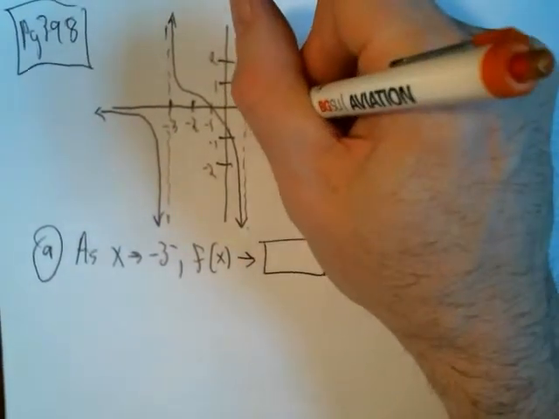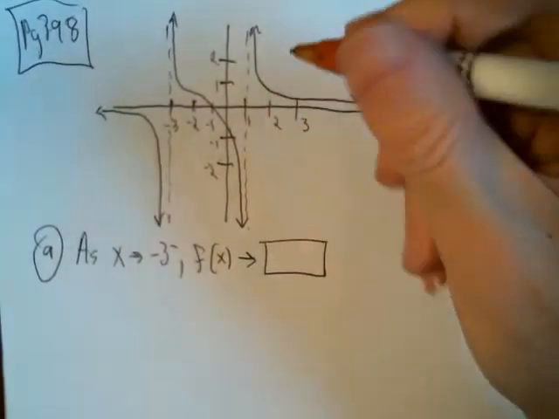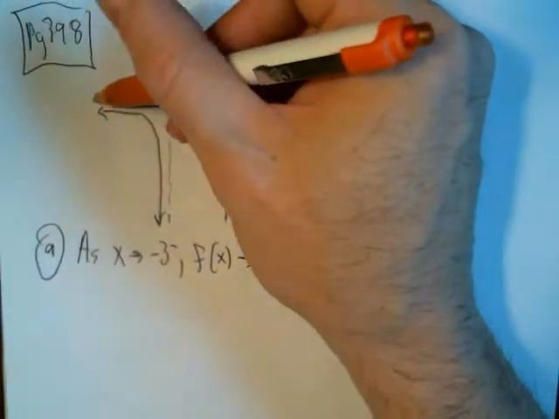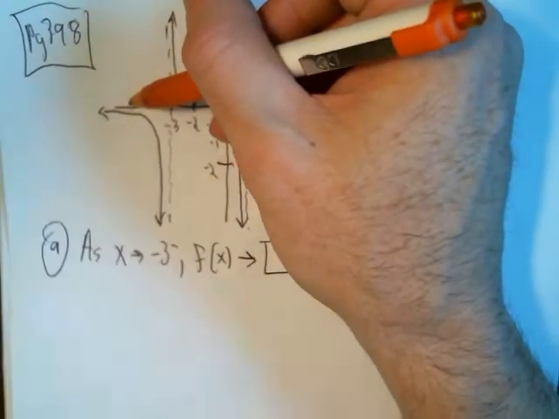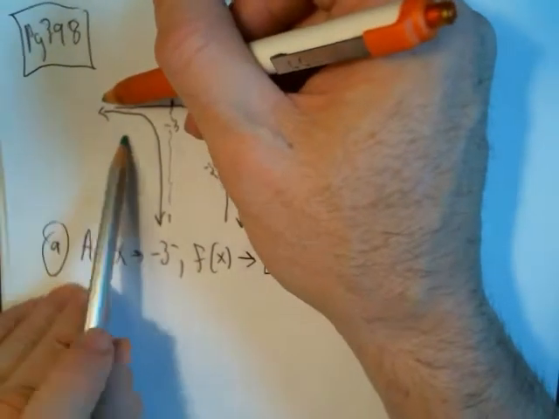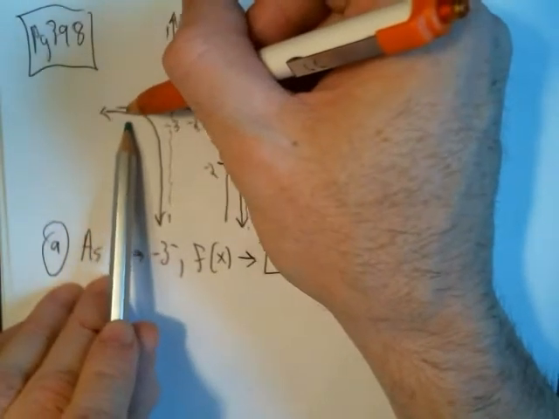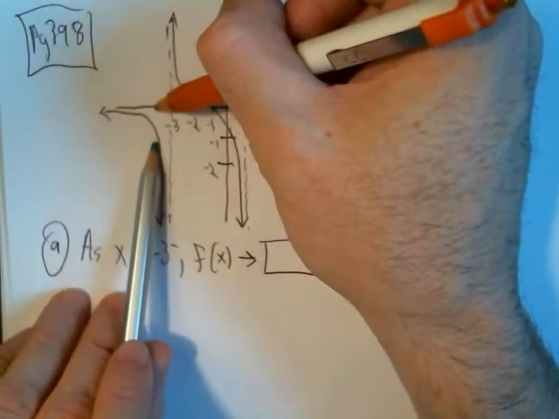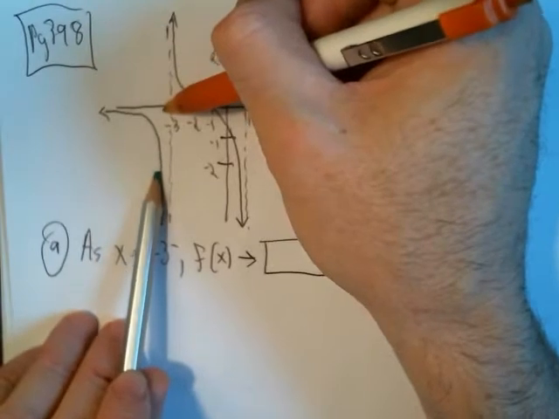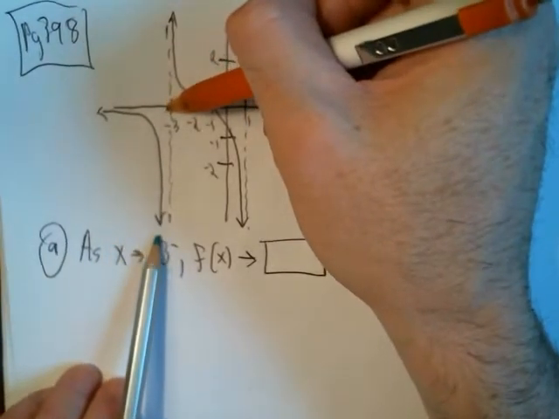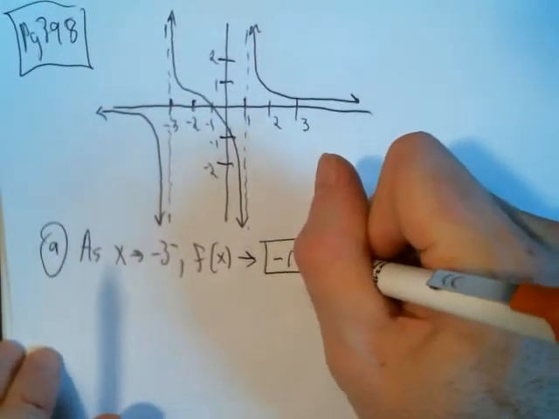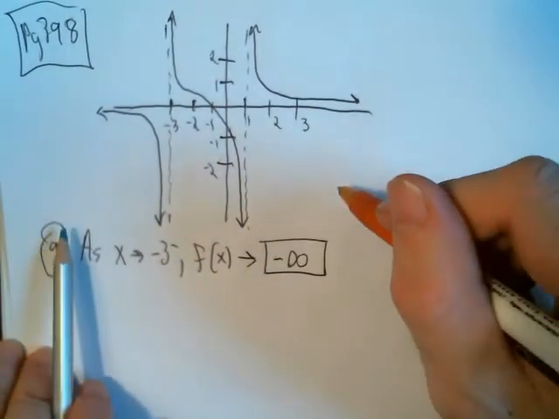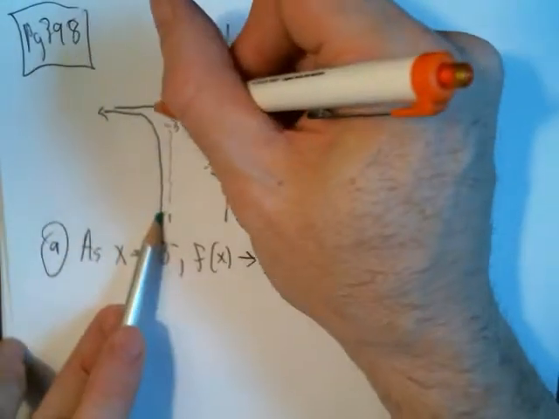So I'm coming into -3 from the left, and I want to know what the corresponding y values are doing as x goes to -3. Okay. So the y values seem to be going to -infinity. It's going down, down, down, down, down, and just keeps on going down and down forever.